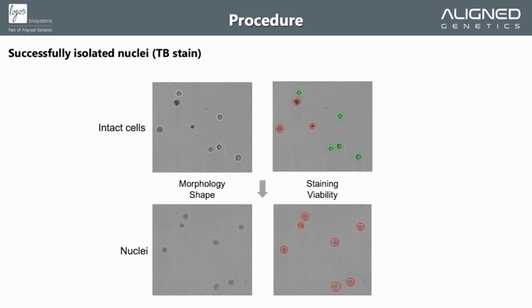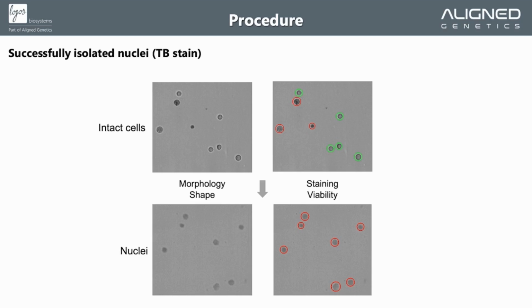With trypan blue stain, you will notice differences in color and morphology. Intact cells typically show clearer and sharper edges, which makes them easier to distinguish. On the other hand, nuclei samples may have slightly dimmer edges. In the analysis results, all nuclei may be tagged as dead cells, which appear dark.